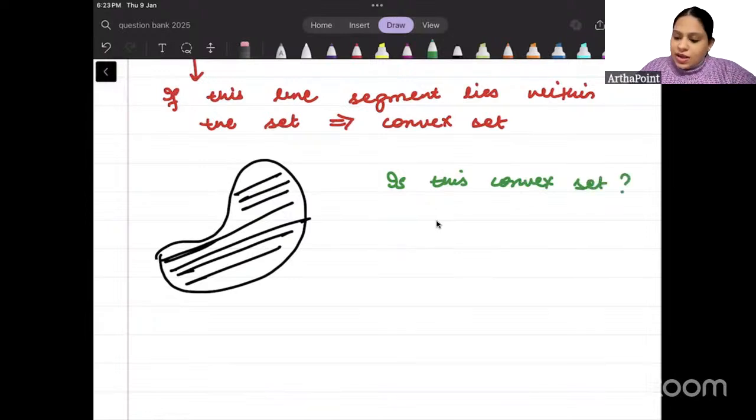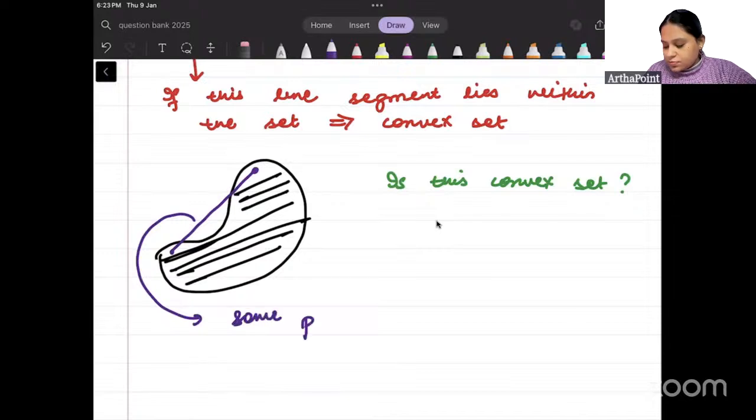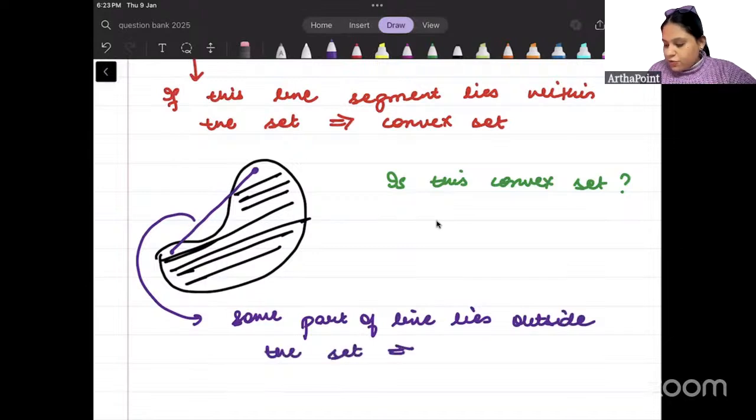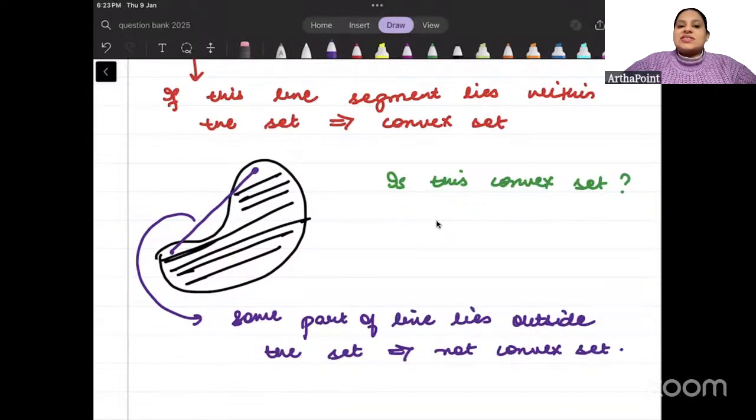The answer is no. If I take any 2 points and join them with a line segment, some part of the line lies outside the set. Therefore, it is not a convex set. Now, I will be using this in today's class to explain quasi-concavity and convexity. So you just have to be aware of what this set is all about, right?